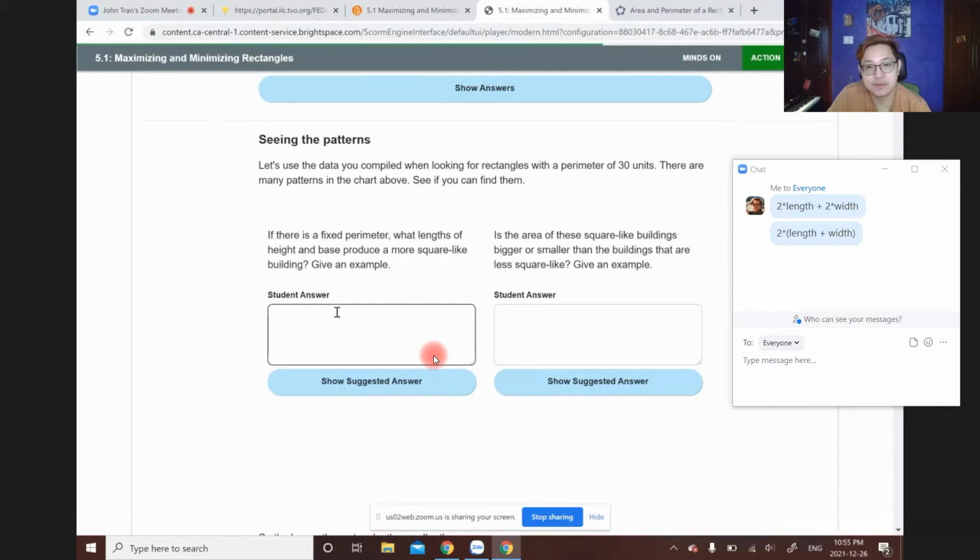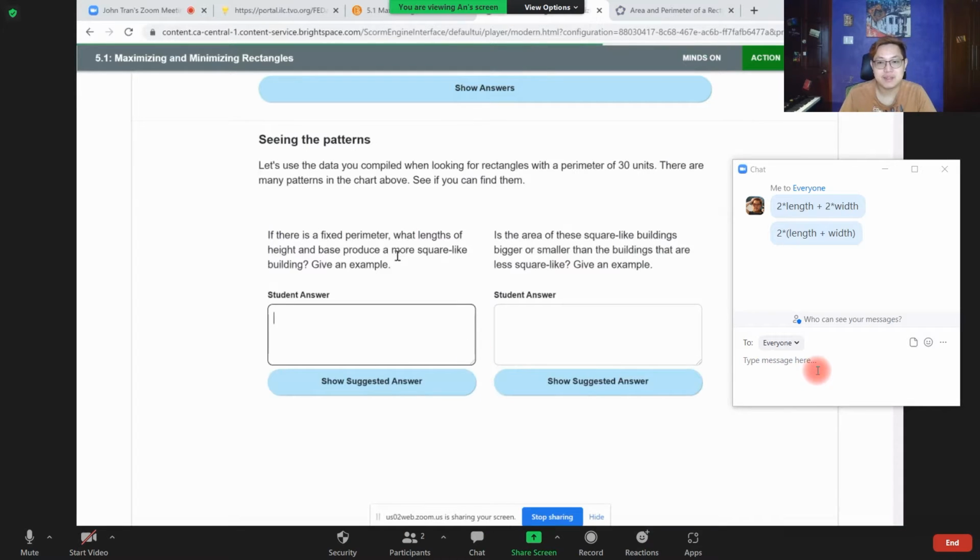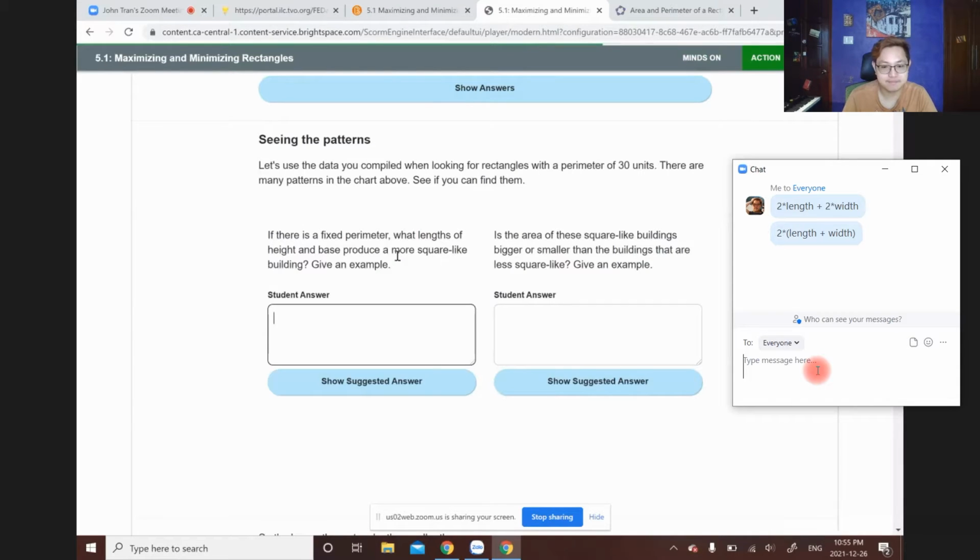Okay, so you have a perimeter of 30 units. If you have a square-like building, all of the length and the width should be the same, isn't it? Based on the same formula, since the length and the width are the same, length plus width equals 2 times length. Times 2 again, you get 4. So basically, the perimeter of a square is equal to 4 times the length.